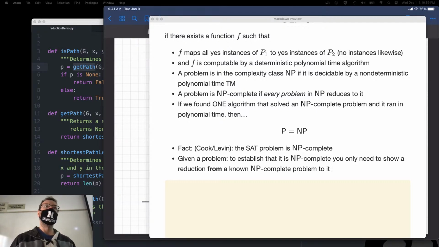Why is that? Because reductions are transitive. If I can reduce problem A to problem B, and I can reduce problem B to problem C, remember, it's just a mapping. Map A to B, map B to C, therefore you've mapped A to C, right?